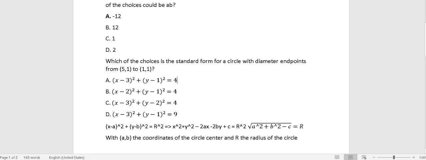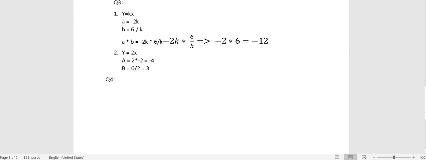Now, we need to know what the center of the circle is, right? The center is what is important. So the center of the circle, given diameter endpoints (5, 1) and (1, 1).